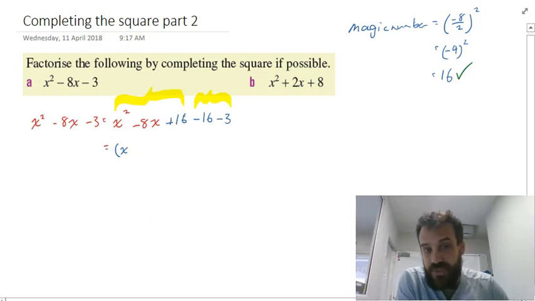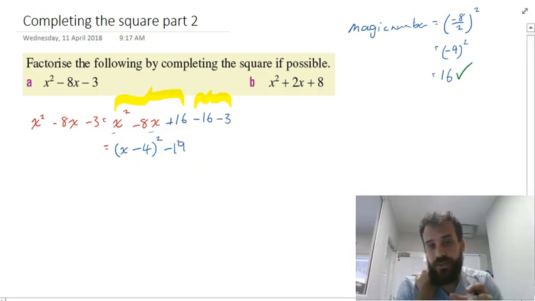The square root of 16 is 4, but it needs to be negative because my middle term is negative. Negative 4 squared. A cheater's way is just to look at the value here. That's the value that's going to be that one here. Negative 4, negative 4. And then, so that's these 3 terms all done. And then what's left over? Negative 16, negative 3, that's negative 19.